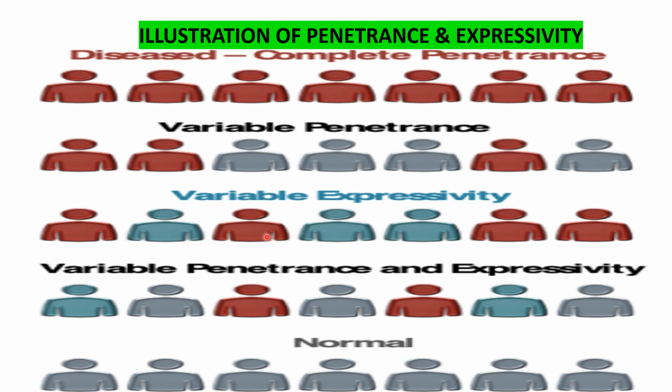The disease condition is expressed in some individuals and not expressed in some others. This is both variable penetrance and expressivity. And the normal individuals are not carrying the disease condition. So the condition has not penetrated, and as a result, it is not expressed in the population.